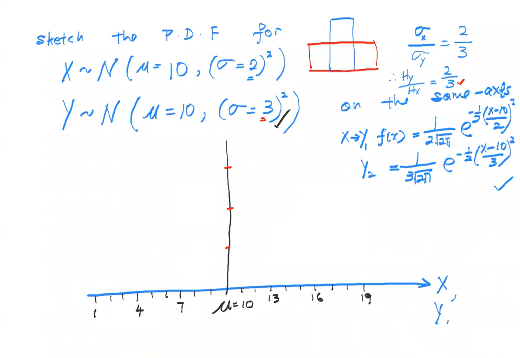So I will start with the x first. So x, I use black, so the highest point is here. Got it? So that is the first step. Prepare your axis first.